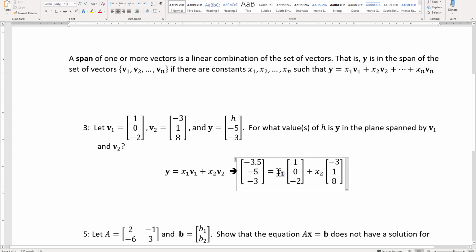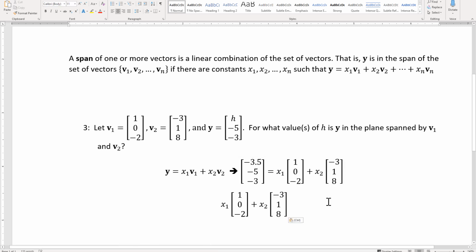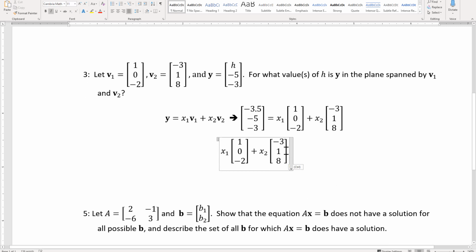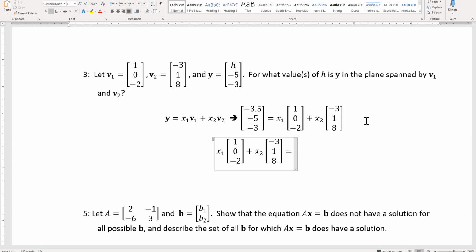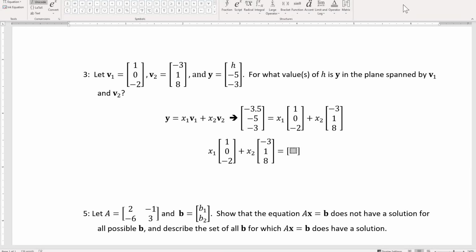So let's take this side first. This can actually be written as a matrix. So let's get our matrix going.